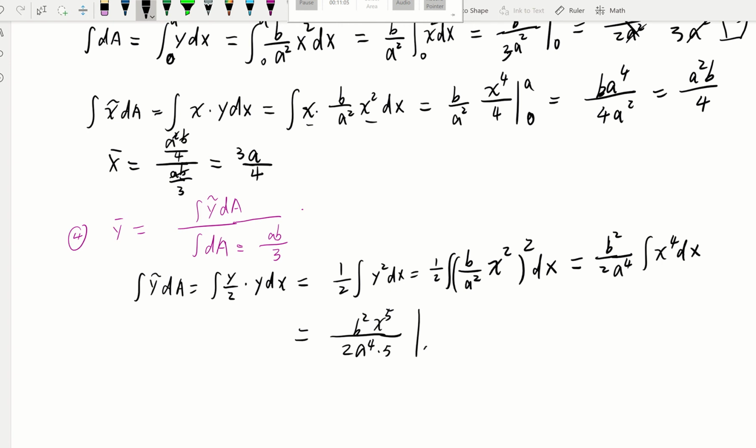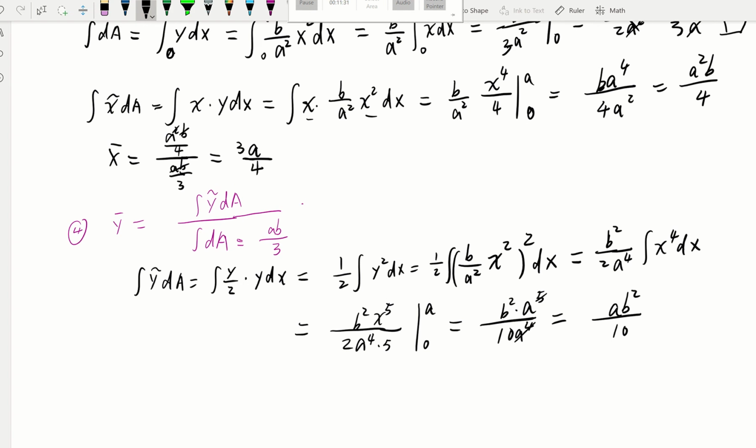The range of x is from 0 to a. So what do we have here? We'll have a half times b squared over a to the power of 4, times a to the power of 5 over 5, minus 0, right? So it will be just a to the 5th. Then cancel that out. We'll have ab squared over 10.